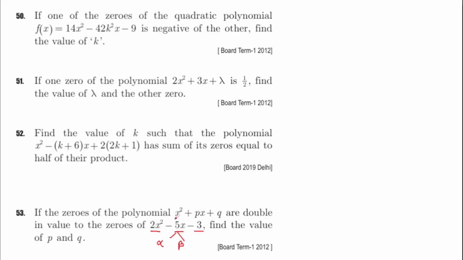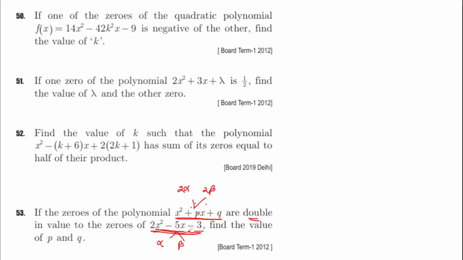Now we have another polynomial x square plus px plus q which also has two zeros. And the two zeros of this polynomial are double of the zeros of this one. That means we have two zeros alpha and beta, so here the two zeros will be 2 alpha and 2 beta.